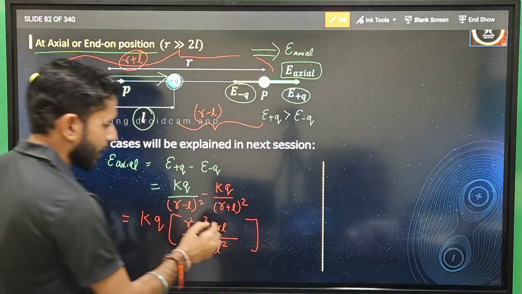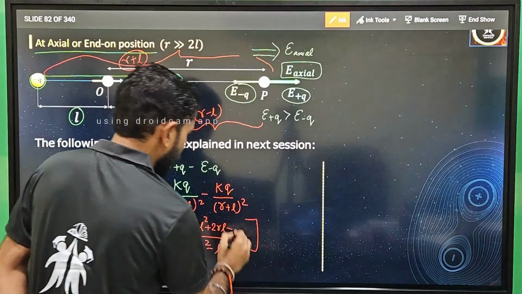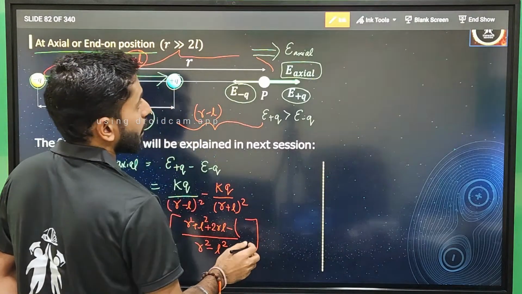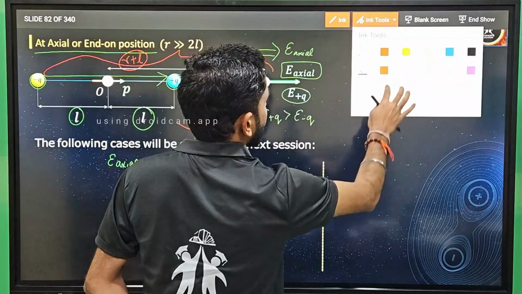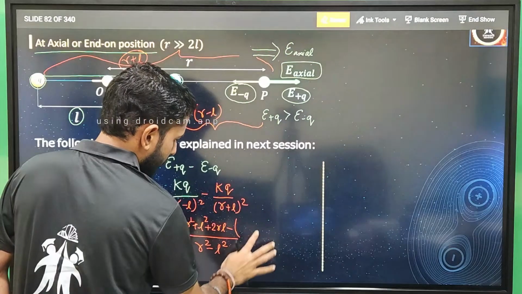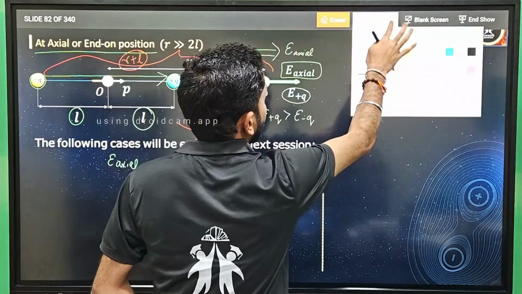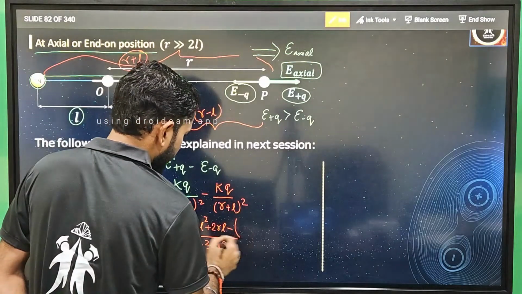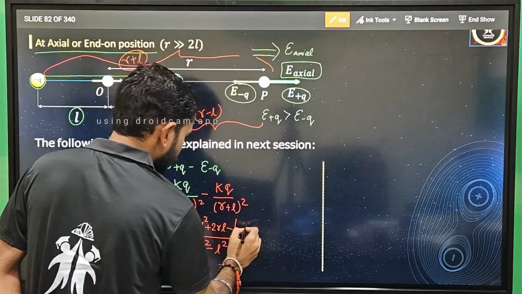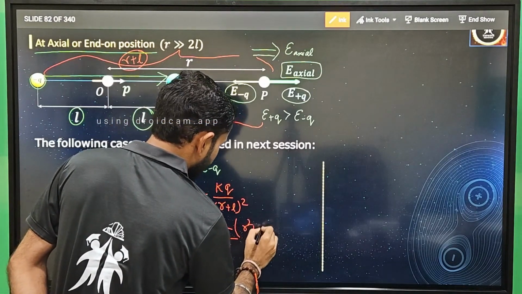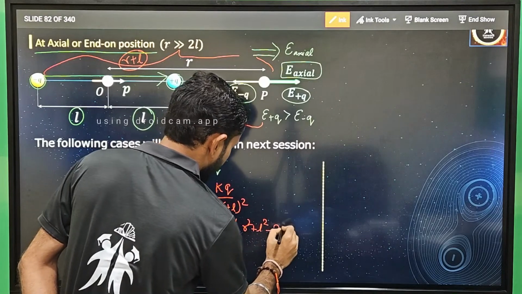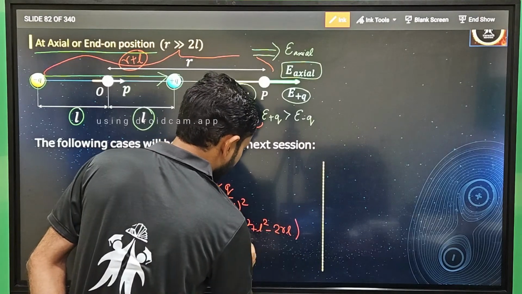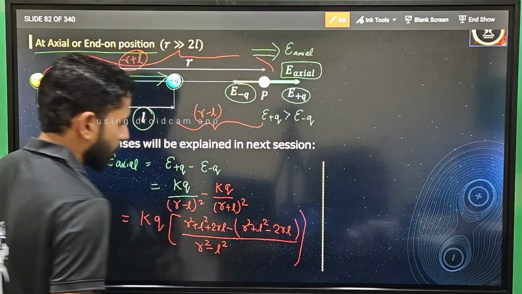Correct? And what will you write here? Minus, completely in bracket, R square plus L square minus 2RL, and in the denominator it was a multiplication.